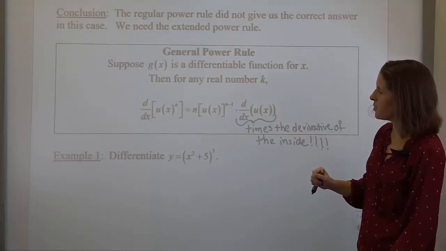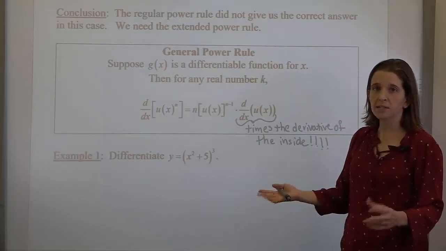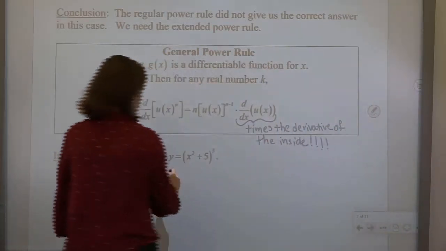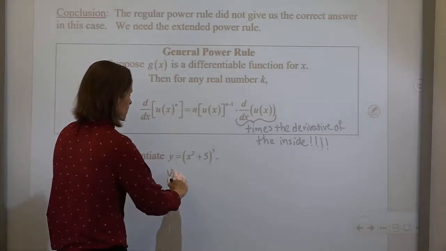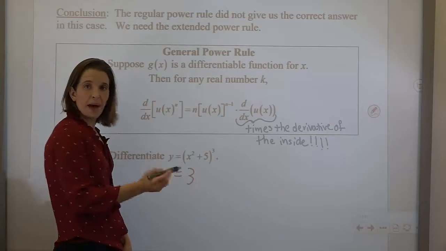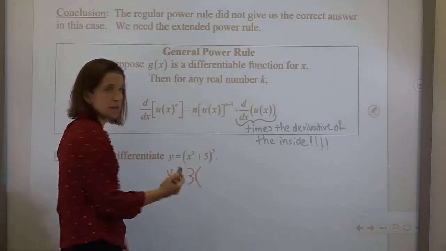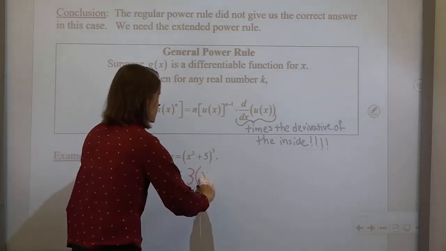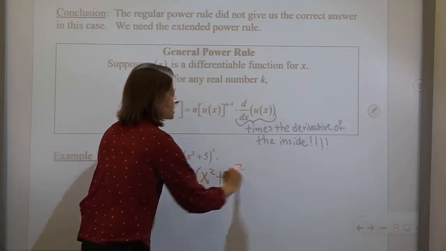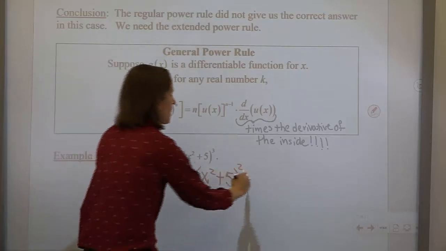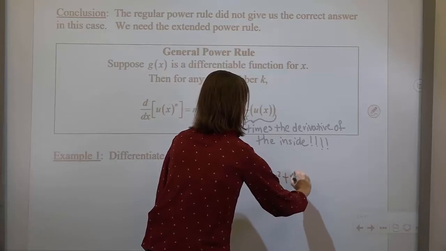So as an example, if I had the function x squared plus 5 all raised to the third, then to take the derivative with this general power rule, I'm going to bring down the power in front as the coefficient being multiplied, just like we do with the regular power rule. Leave the inside alone, subtract 1 from the power, and then I need to take the derivative of the inside.